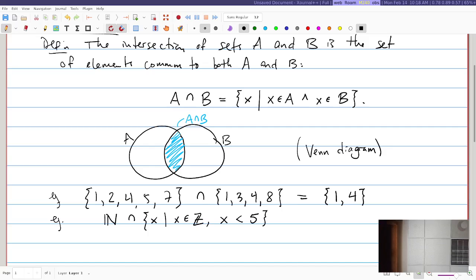This set is all the integers that are less than 5. So remember, that includes negative numbers, right? It has 4 in it, and 3 and 2, and also negative 20 and negative 1,000. But the intersection, what numbers are in both of those? Well, it's just 1, 2, 3, 4, right?